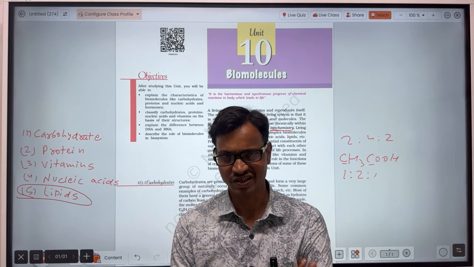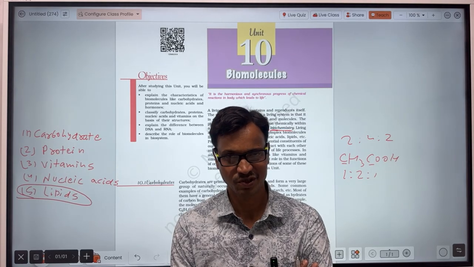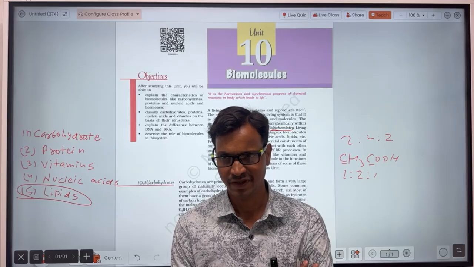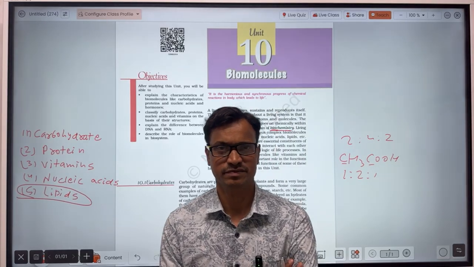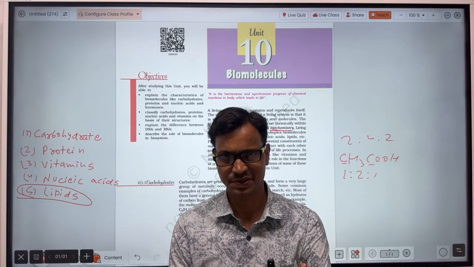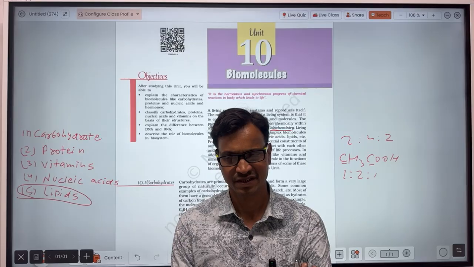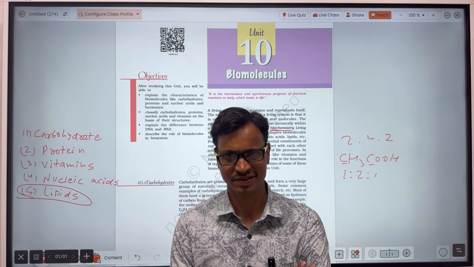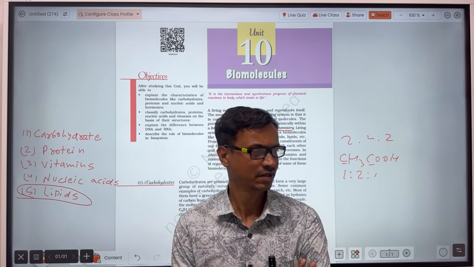In the examination, the question will not ask what biomolecules or carbohydrate are, but you should know. But in competitive examinations like CUET and NEET, particularly NEET, not in JEE Main, there are fewer chances of asking the question.